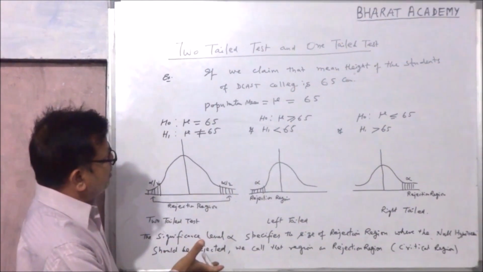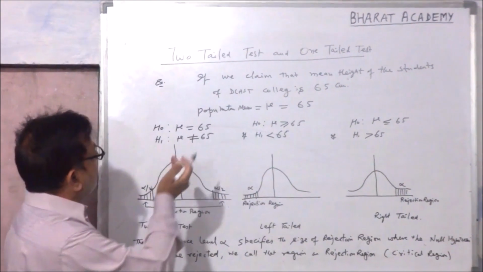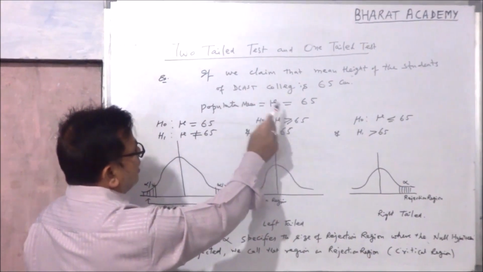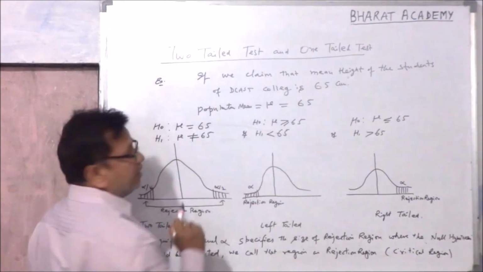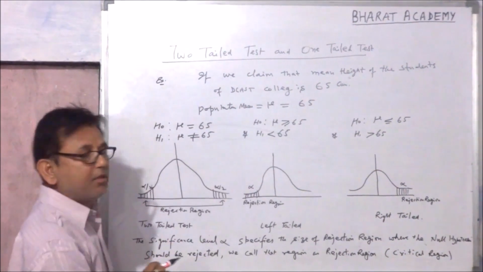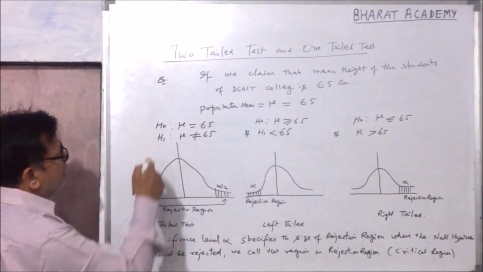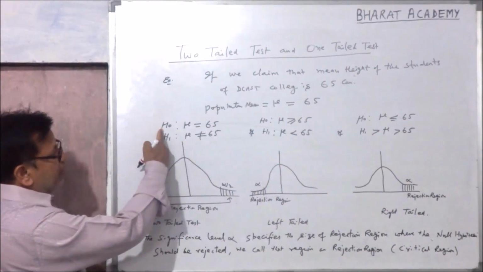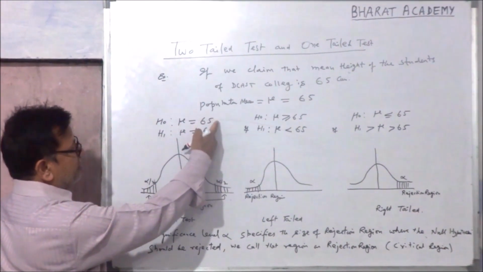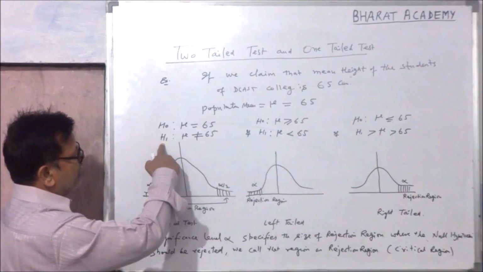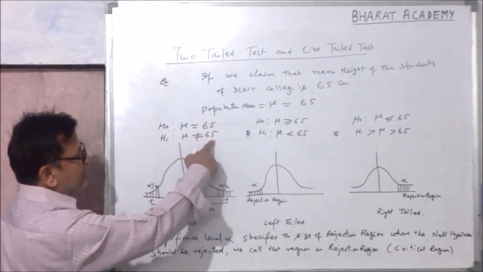Now we start two-tailed test and one-tailed test. I will explain it by this example. If we claim that the mean height of the students of the college is 65 cm, in this case the population mean mu is 65. Here we will form the null hypothesis like this. In this case the null hypothesis is the population mean is 65, then its alternative hypothesis H1 will be mu is not equal to 65.